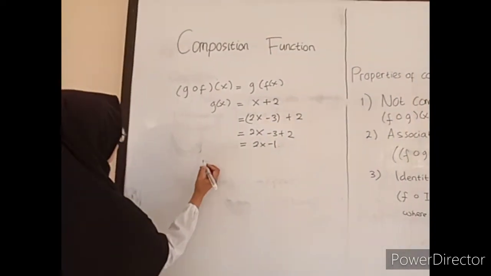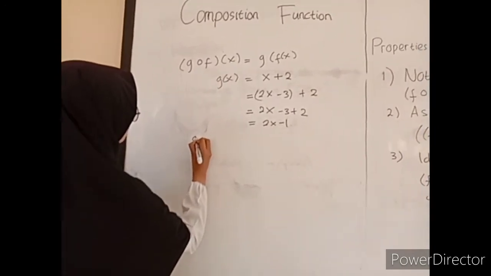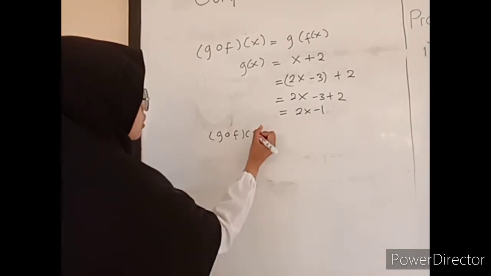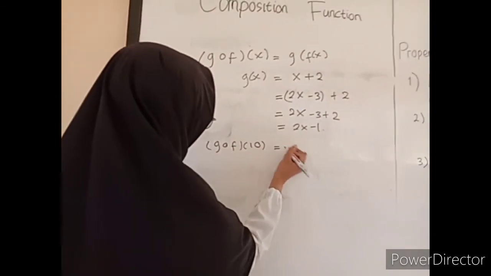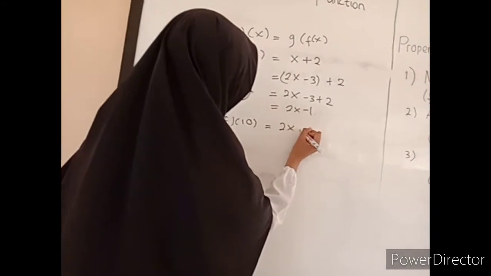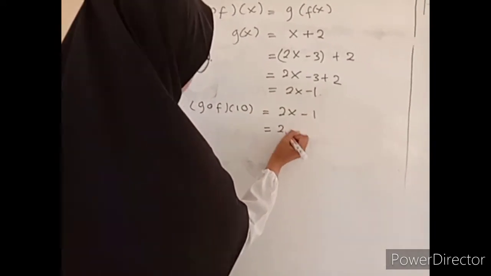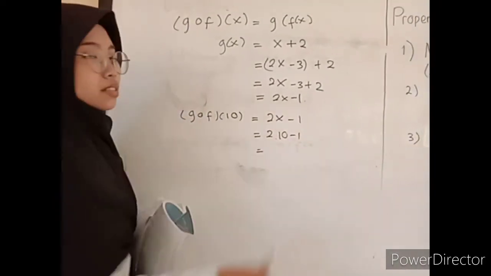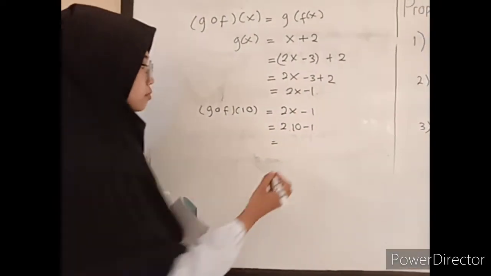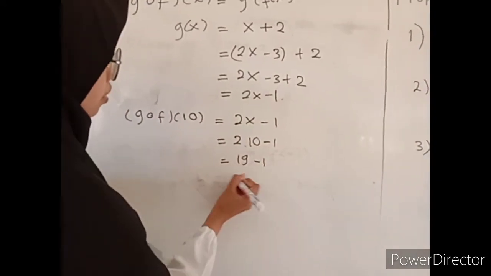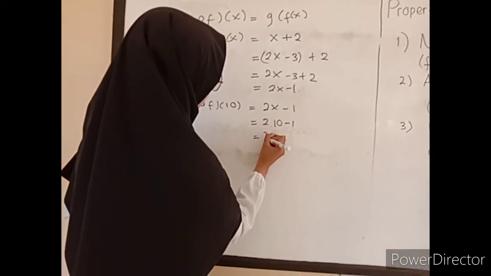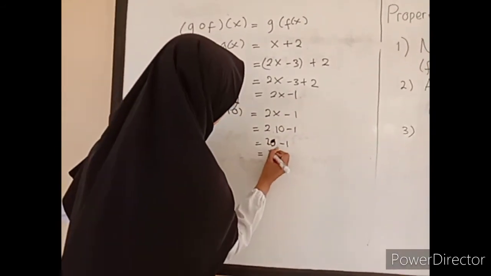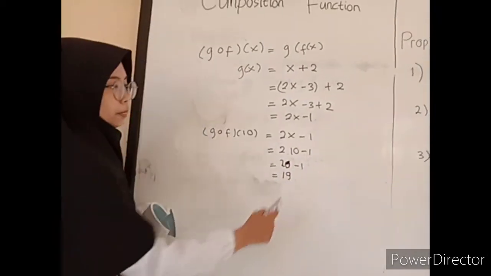And then for g from f with x equals 10, we get 2x - 1, equal to 2 times 10 minus 1. 2 times 10 is 20, minus 1. Sorry, 20 minus 1 is equal to 19.